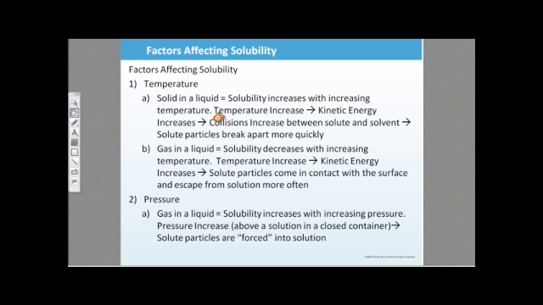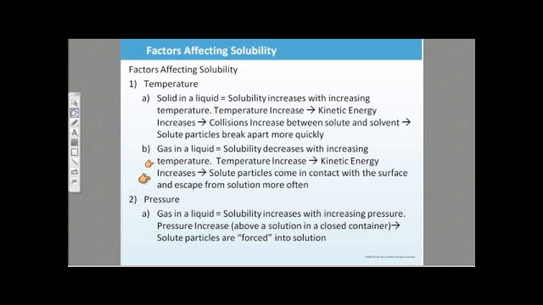Since they're moving more quickly, they're going to collide with each other more frequently. And as a result of those collisions, we're of course going to be able to break up the solute particles quicker. We're going to be able to have solvent and solute particles attract to each other quicker. So everything's just moving faster. So an increase in temperature will increase the solubility of a solid.